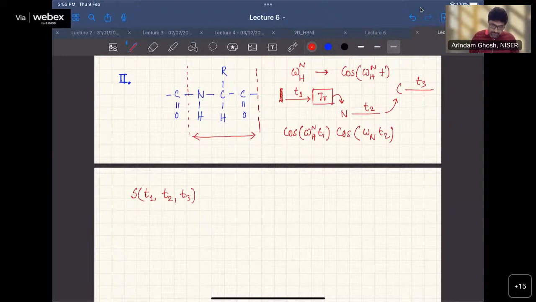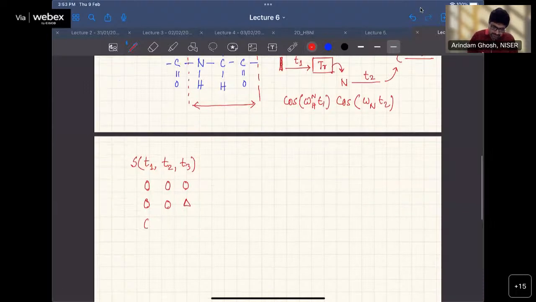And how will you do it? You take the value of 0 first, no gap, 0 first, and then you start from 0. So this is the first data point. All three times are 0. No chemical shift evolution is going on, just transferring and transferring and transferring. That's it. Then this is 0, this is 0, and some amount of increment, delta. Then 0, 0, and 2 delta, and it goes on till n delta, the last one you want to take.